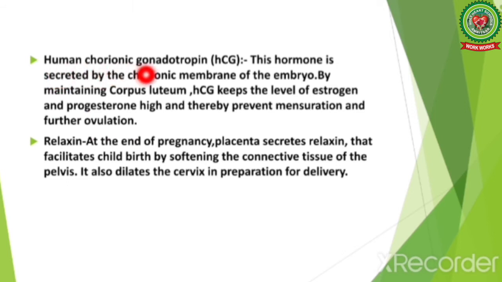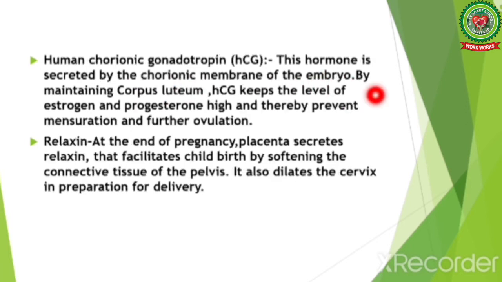Human chorionic gonadotropin, HCG. This hormone is secreted by the chorionic membrane of the embryo. By maintaining corpus luteum, HCG keeps the level of estrogen and progesterone high and thereby prevents menstruation and further ovulation.